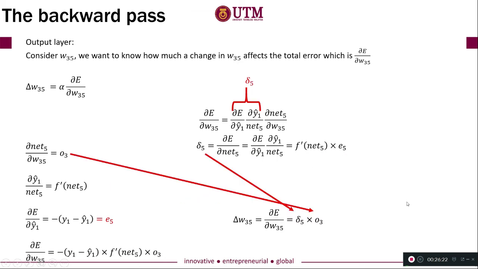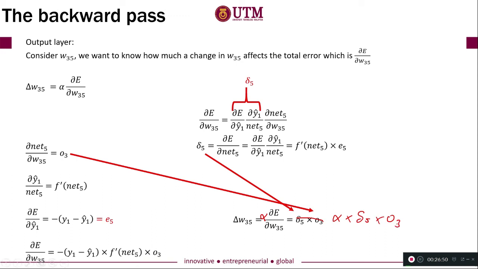Again, if I can simplify the expressions there, sorry, this one should have an alpha there, I forgot to put it. This is alpha, and then it should be alpha times delta 5 times O3.